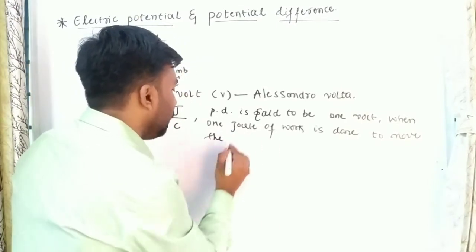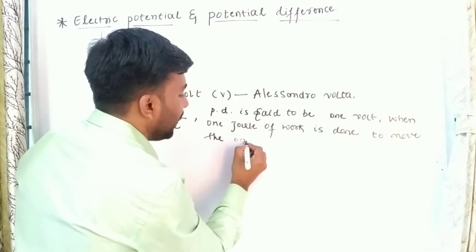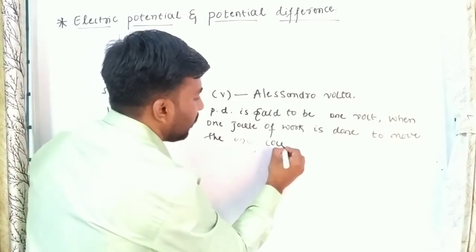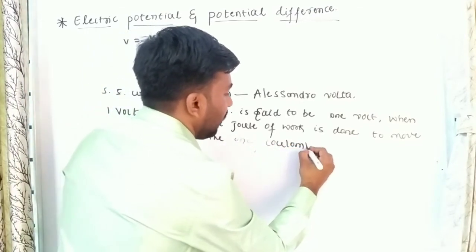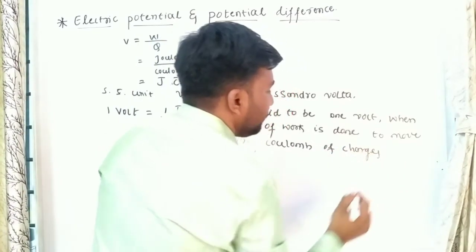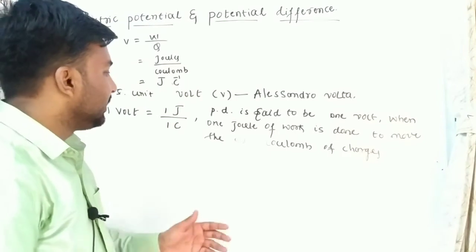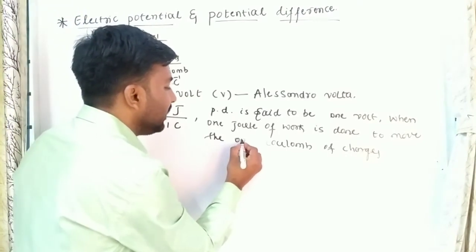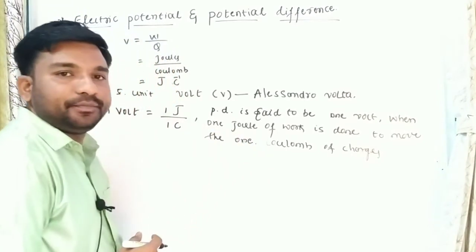To move the 1 coulomb of charges, that is called 1 volt.